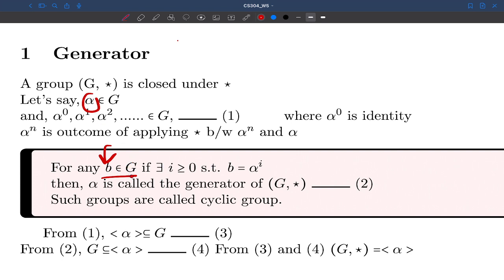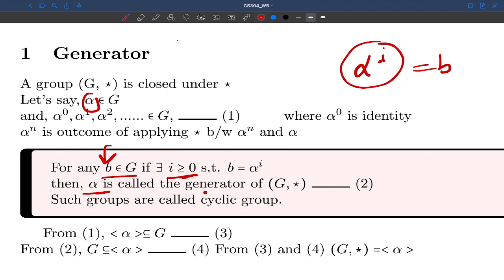So if I take any element from G, and if there exists any power, any number I, such that if I apply alpha I times on the identity, I get B, so for every element in my set G I am able to find I, a label of alpha, then that means that alpha is the generator of my group.